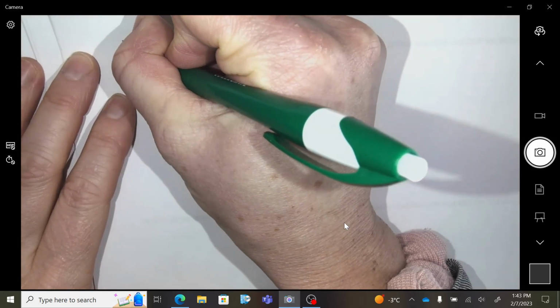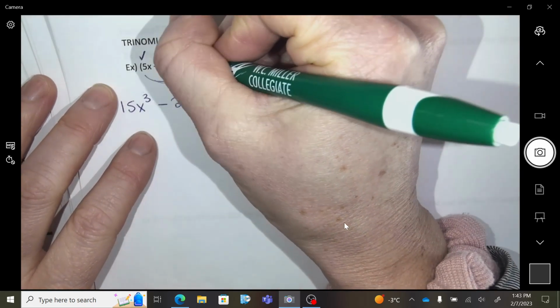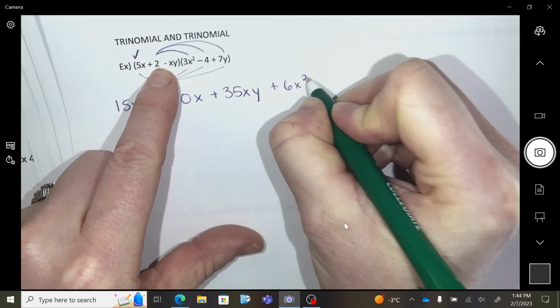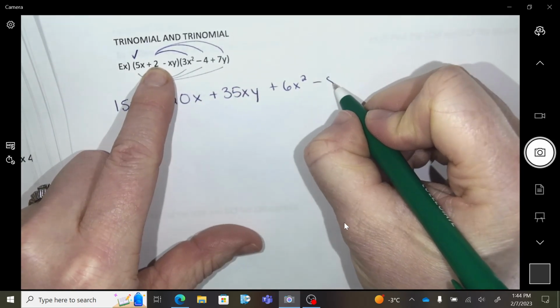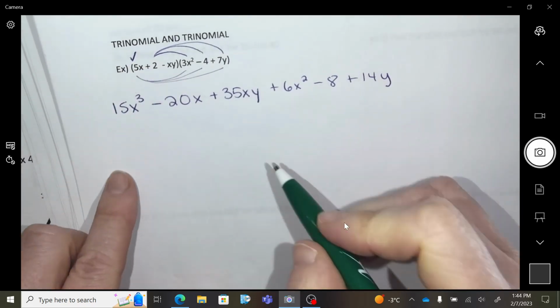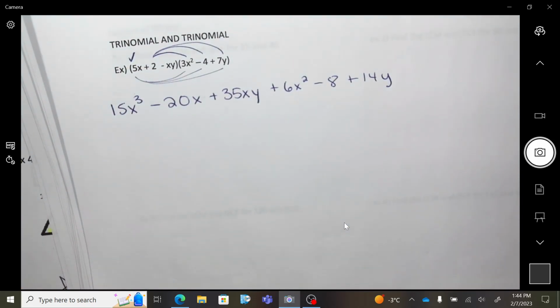Okay. You know what I'm gonna do? I'm gonna put a check mark here. We did the 5x. Okay, you ready to do the 2? Yes. Okay, so put the 2 into each of the other bracket numbers. Pause, check those 3 out.